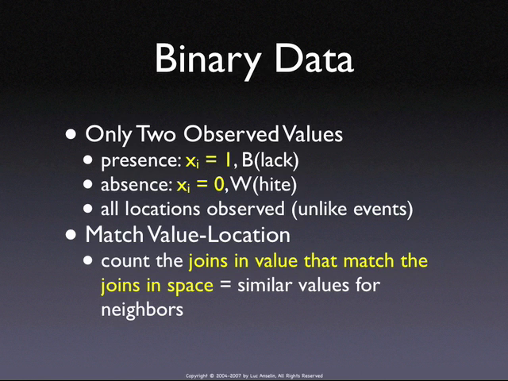So unlike the events, all the locations are observed. So what we need to do is come up with a statistic that combines our location, our W, with our attribute similarity. And what this will boil down to in this particular case is, as I mentioned, counting the joins. The joins in value that match the joins in space.